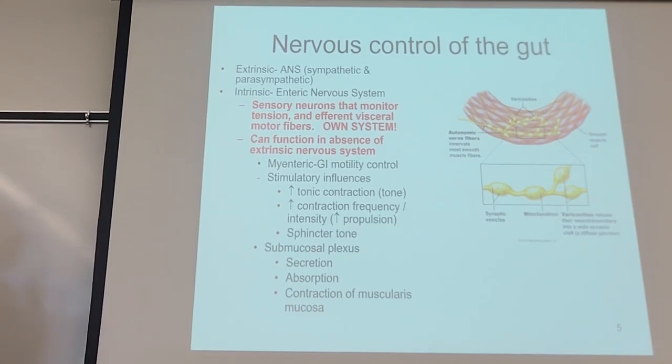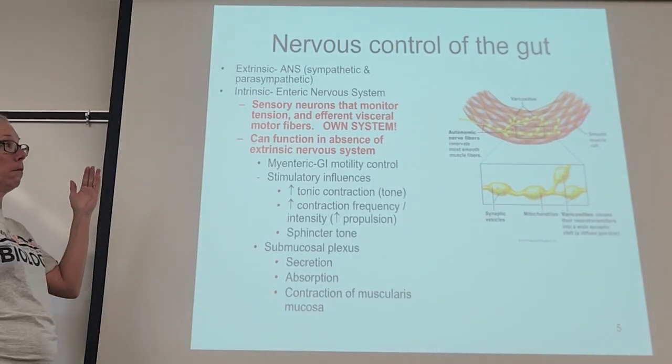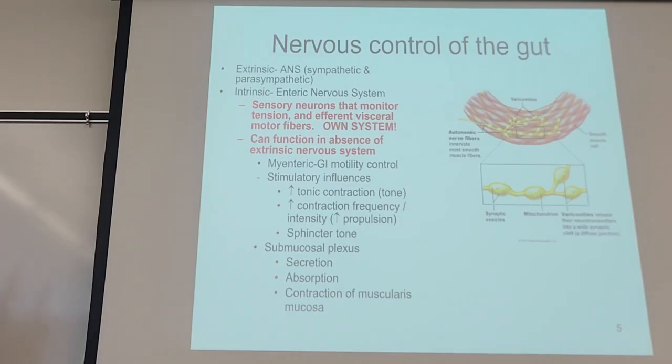Parasympathetic, right? So the parasympathetic nervous system can promote or inhibit it, but the enteric nervous system doesn't need the parasympathetic nervous system to function. It can still function independently on its own.